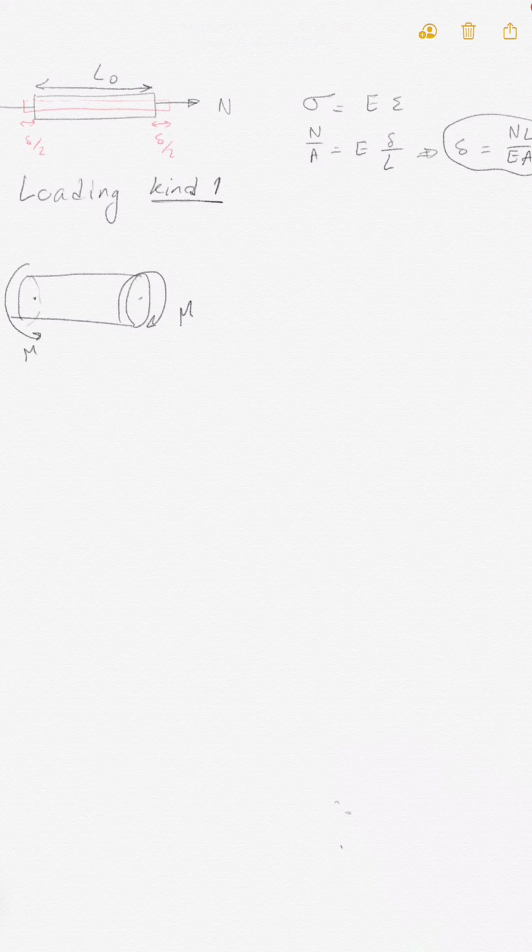There was another kind of loading, torsion. So if we have a shaft that has some kind of torque, M here, and the opposite here, this is going to deflect, and the deflection here is angular, phi.